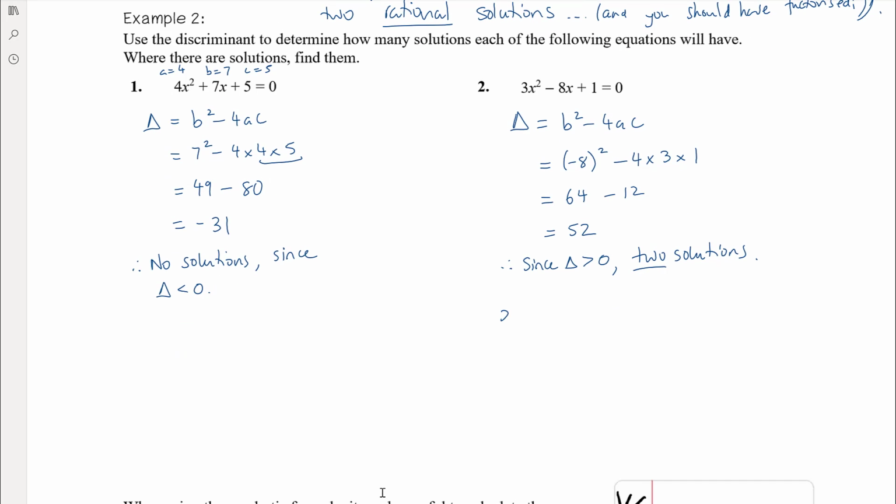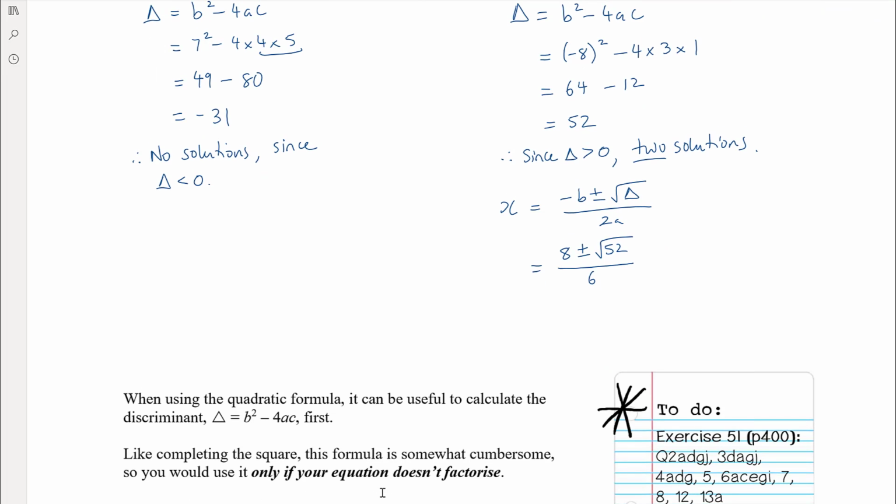So we know x is equal to negative b plus or minus the square root of our discriminant, we've already done the hard work to work that bit out, over 2a. So in this equation, negative b, negative negative 8, positive 8, plus or minus the square root of our discriminant, 52, all over 2a, so 2 times 3, which is 6. Let's simplify the surd.